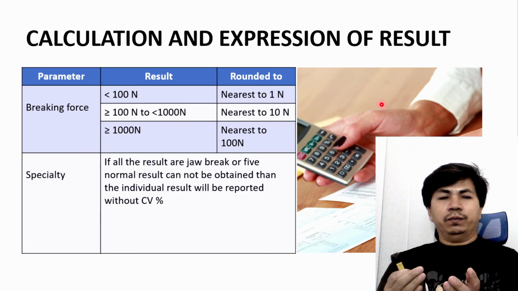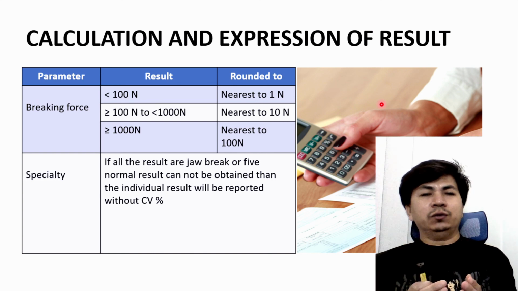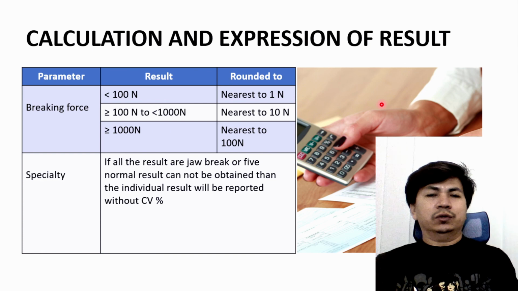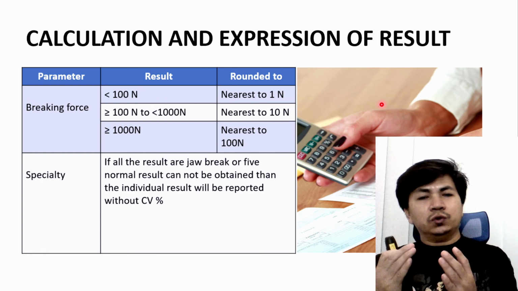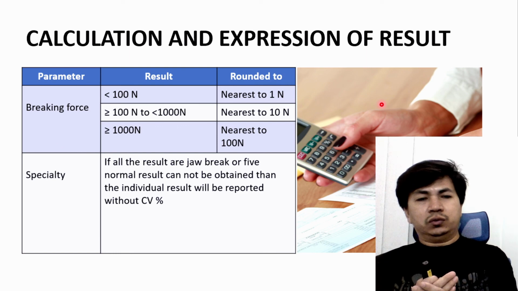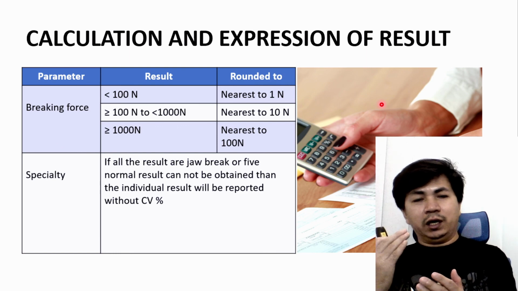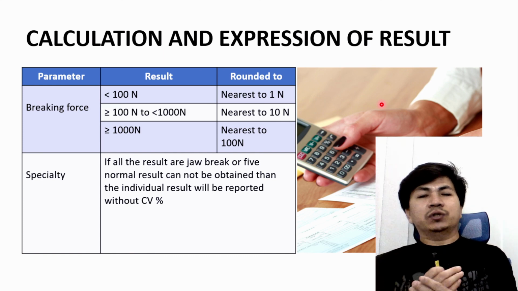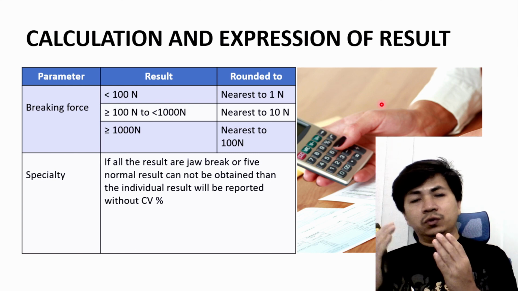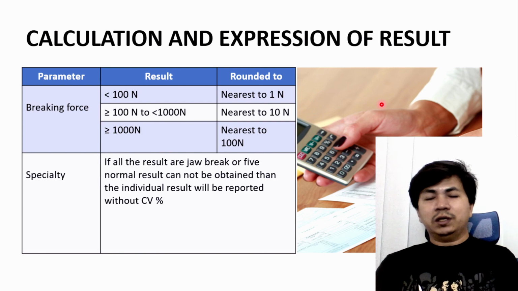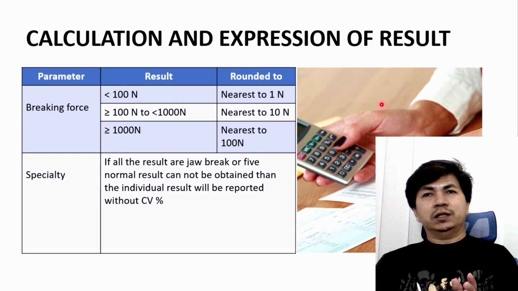If the breaking force is 100 Newton or more and less than 1000 Newton, we should round it to the nearest 10 Newton. And another rule, if the result is greater than 1000 Newton, we should round it to the nearest 100 Newton. This is the expression of the result for this test.